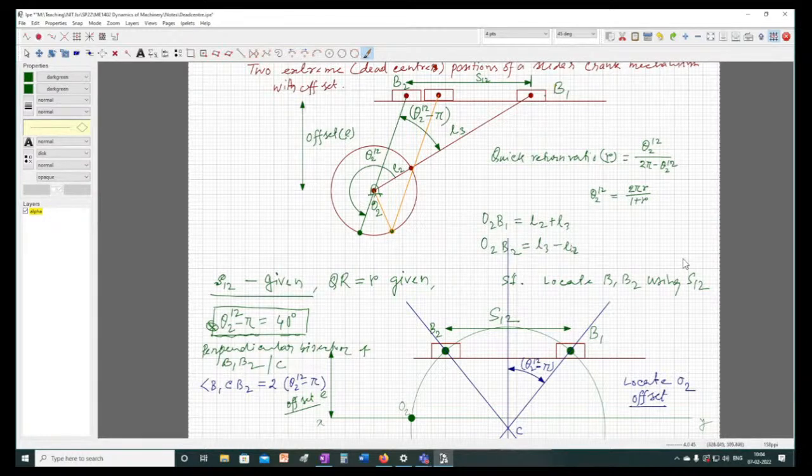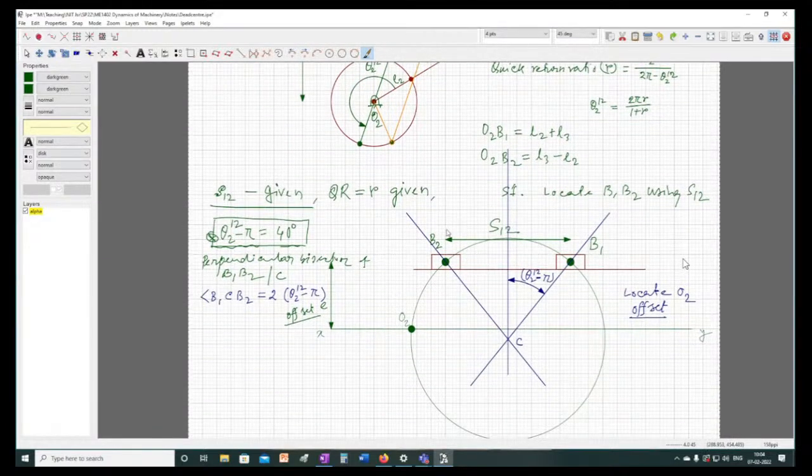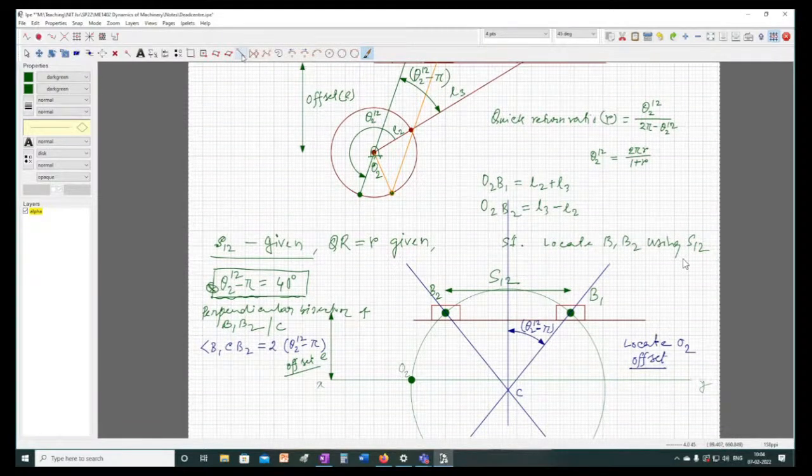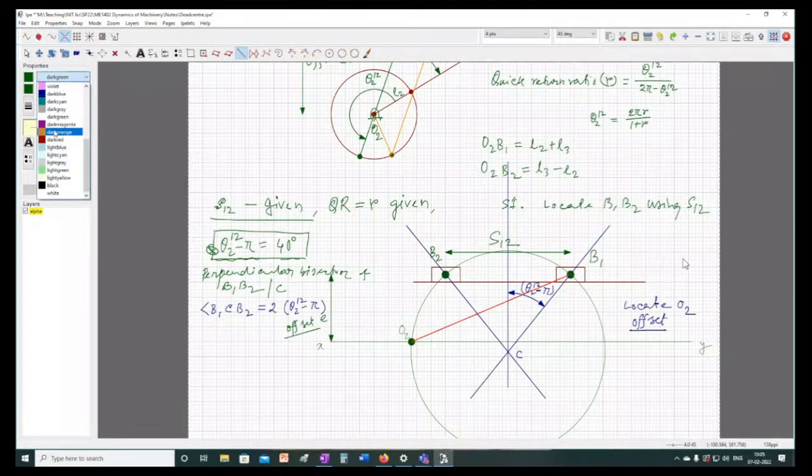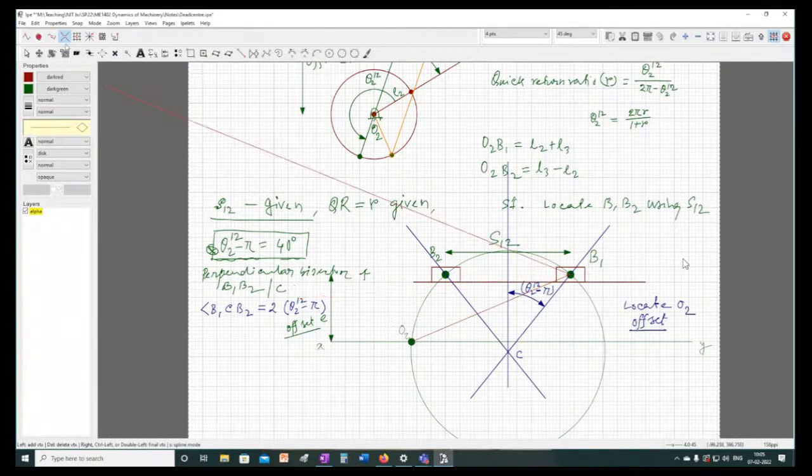O2B2, this length, is L3 plus L2. Suppose I extend this line O2B1. Okay, I am drawing a line O2B1, and then we want to extend the same line O2B1.